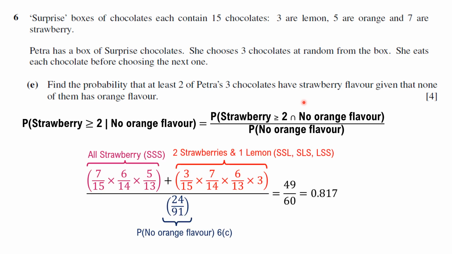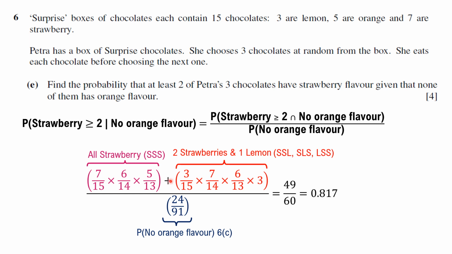So it's going to be the probability of having all strawberry flavor is 7 over 15 multiplied by 6 divided by 14 multiplied by 5 over 13, because we have 7 strawberry flavored chocolates, and here we have 6 remaining, and here we have 5 remaining as well.